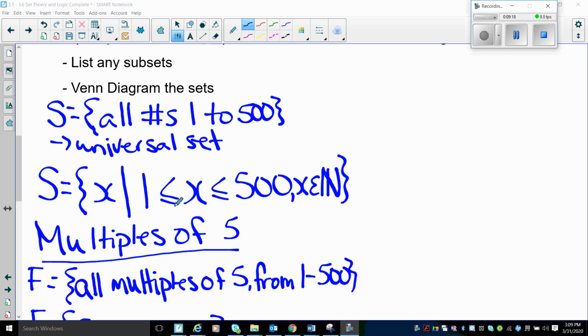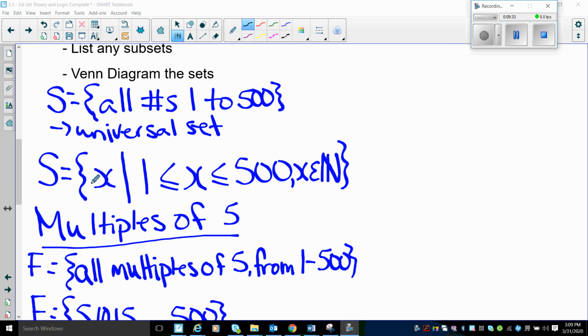Then to show it with set notation, I don't want to physically list every single number from 1 to 500. That would take a really long time. So if I use greater than or less than symbols, I can state that. So here's some fancy notation. What I'm saying in this second line here is that the universal set S, and I'm going to say x, I'm just going to choose a variable, x such that x is in between 1 and 500, and x exists in the natural numbers.